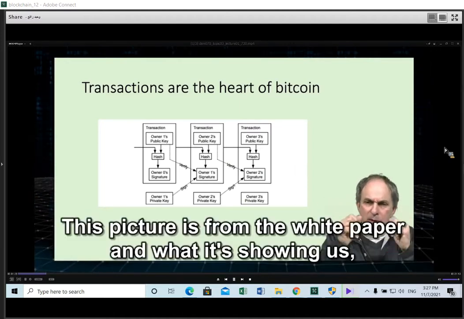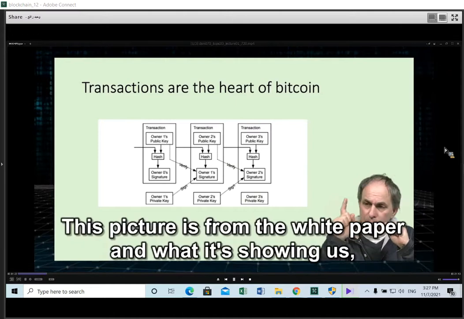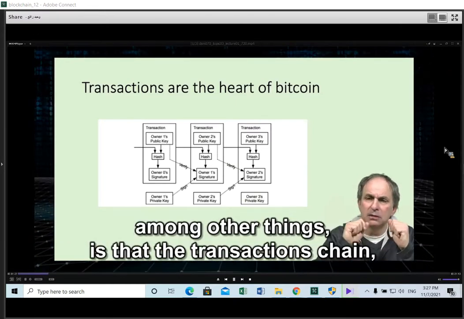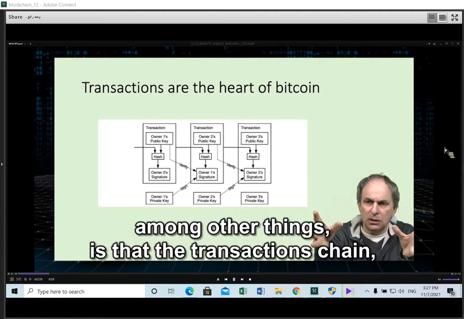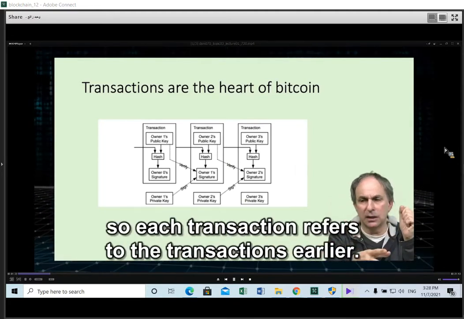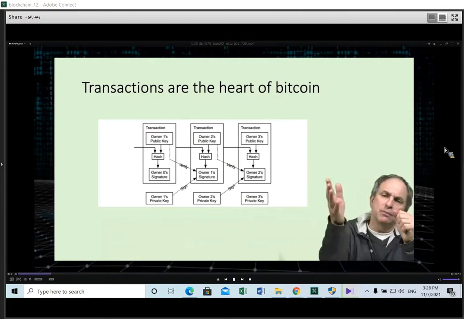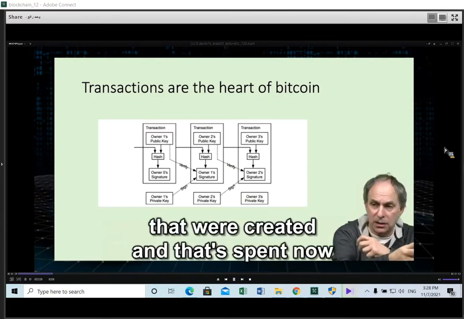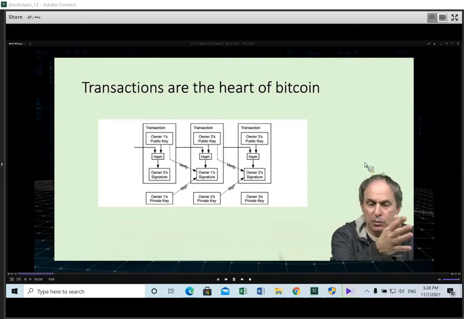So this picture is from the white paper, and what it's showing us, among other things, is that the transactions kind of chain. Each transaction refers to the transactions earlier, and if you chain back, you get back to where the bitcoins that are spent now were originally created.